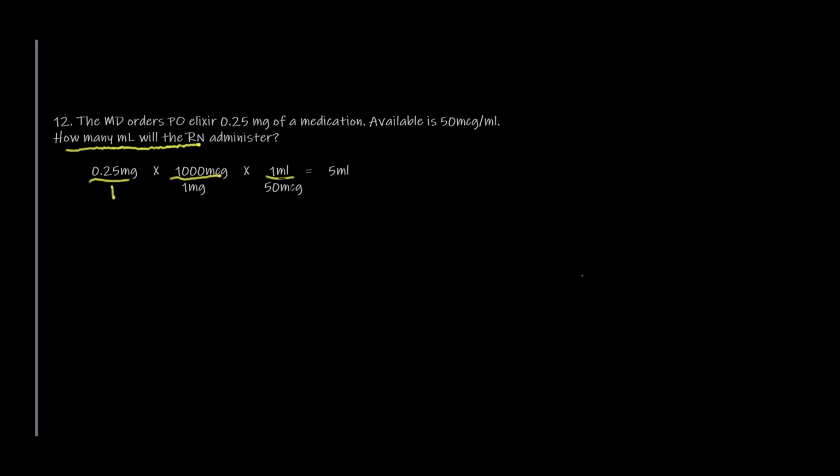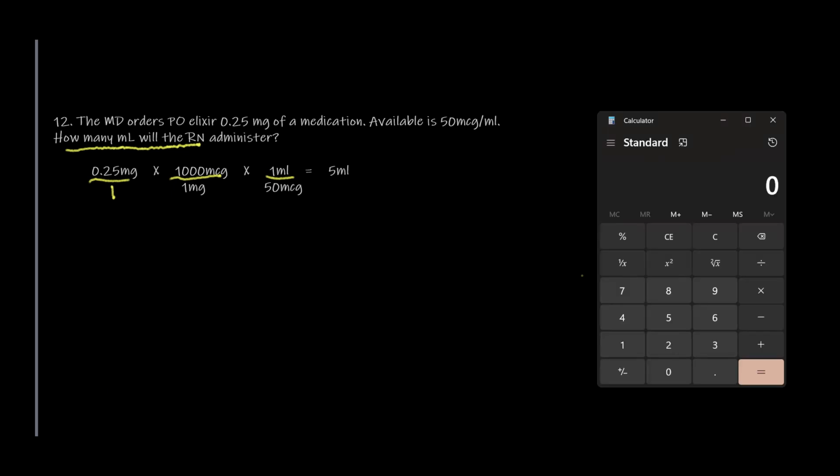I've placed what the doctor ordered, 0.25 over 1 times our conversion factor times 1 ml over 50 mics. Units cross-cancel and we multiply across. 0.25 times 1,000 gives us 250 divided by 50 gives us 5 mLs for our answer.